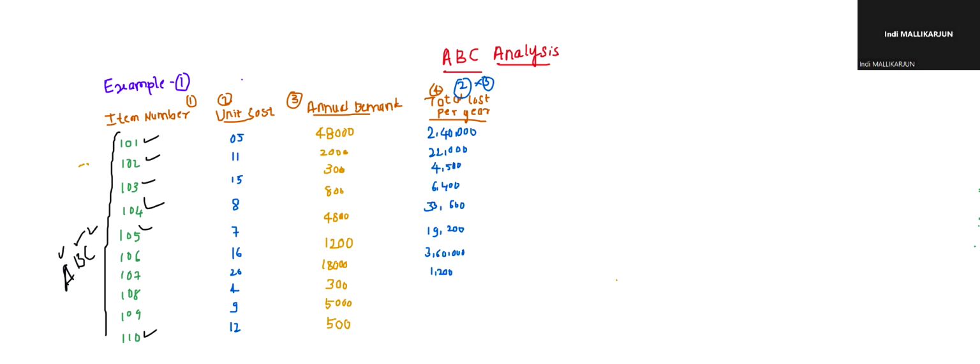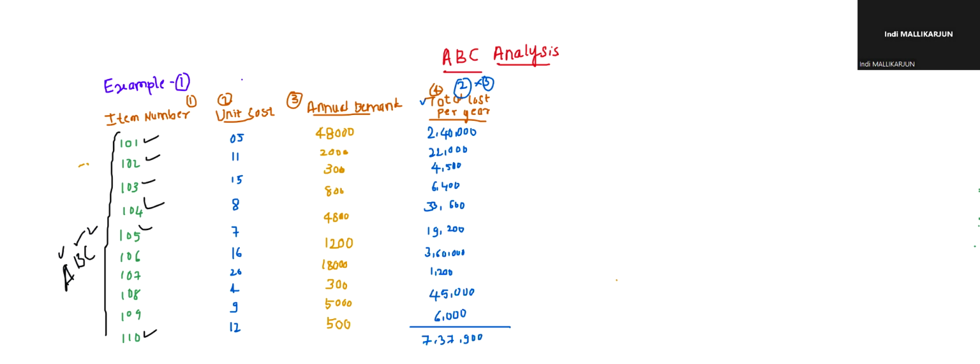Next, 45,000. Next, 6,000. Grand total you have to do this. How much is it? 7,37,900 rupees. This is nothing but our total cost per year for each item we got.